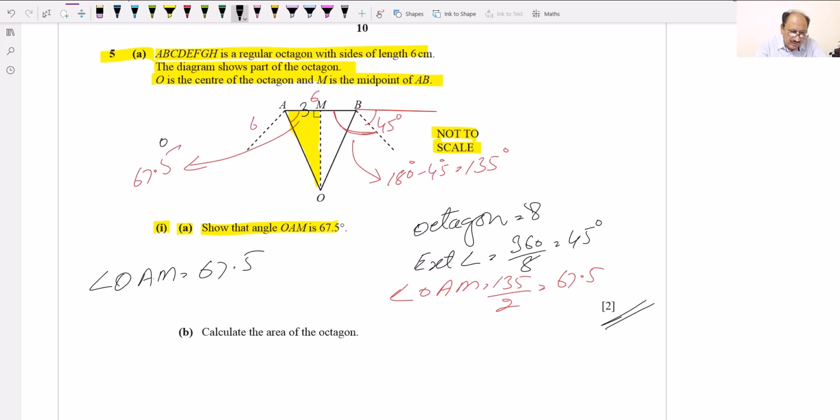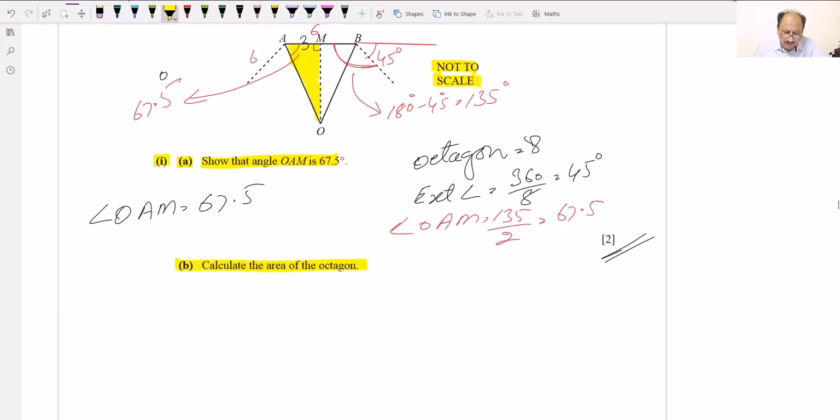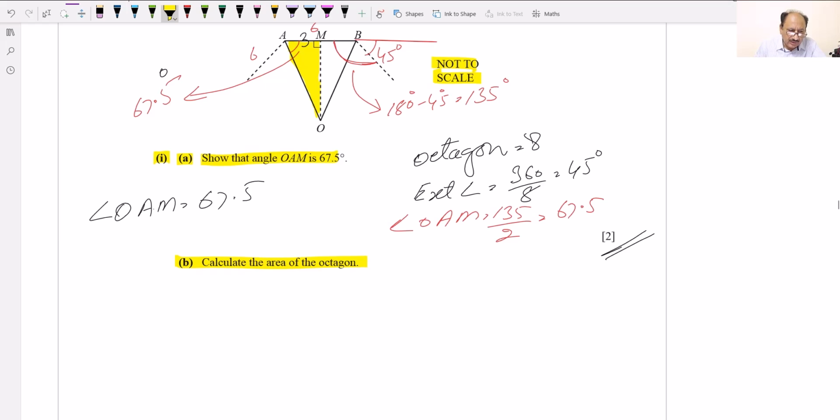Now the second is, calculate the area. B part is calculate the area of the octagon. Now for the area of the octagon, we need to find the area of this triangle which is OAM. So the OAM triangle area will be what?